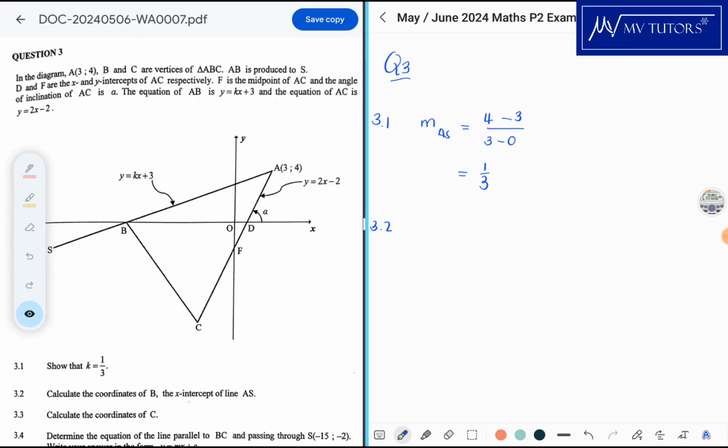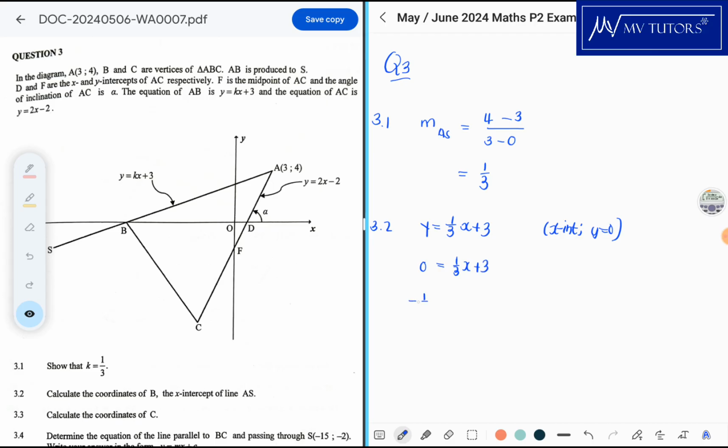And then 3.2, calculate the coordinates of B, the x-intercept of the line AS. Okay, so our equation then becomes y is equal to 1/3 x plus 3. So if I want to get the x-intercept, y has to be 0. So there we have it, 1/3 x plus 3.